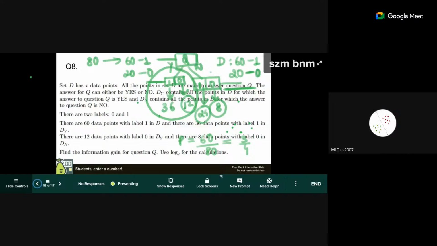Once you know all these things clearly, then it's just calculation. If you understand the concept, calculation is easy, but concept is more important.